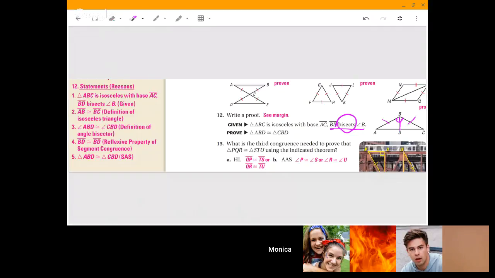And then what else do we know when we have two triangles that share a side, like this side here at BD? What do we know about BD?